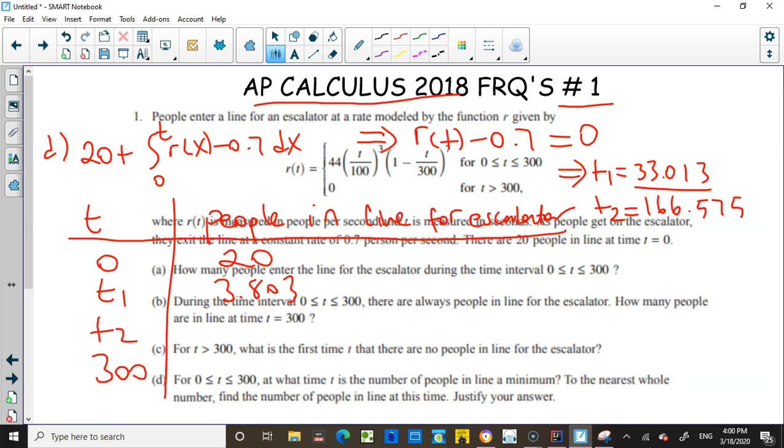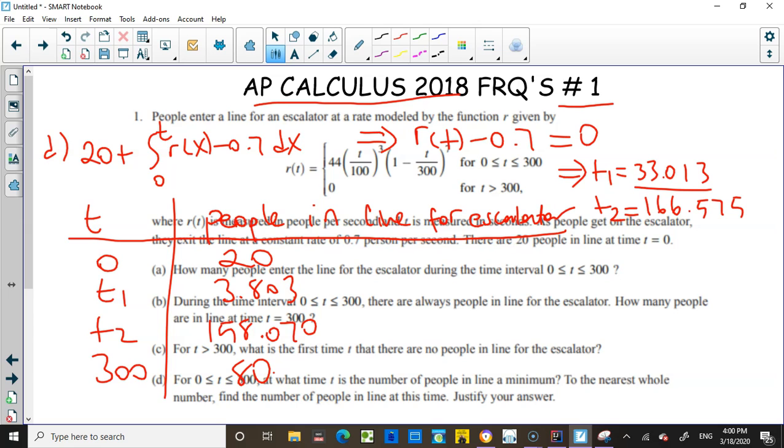And if I plug in t2, we get 158.070. We already know how many people are in line at t equals 300, which is 80.